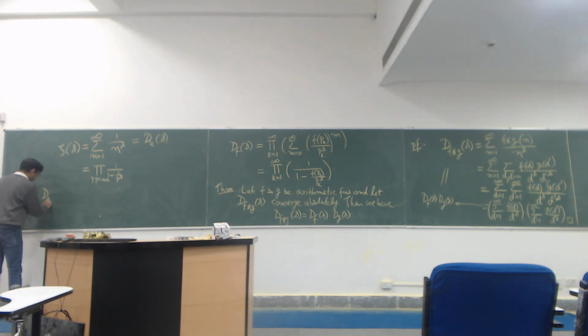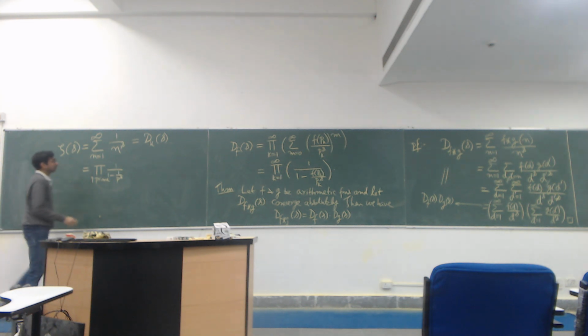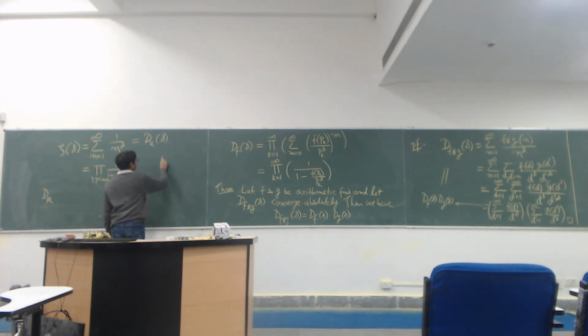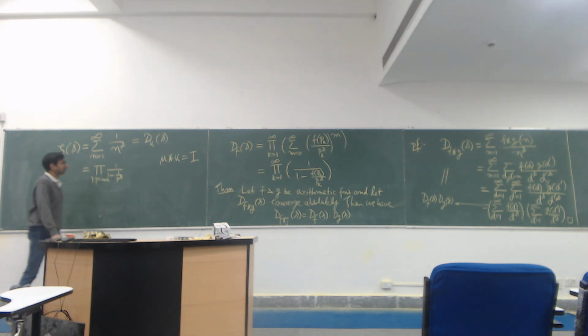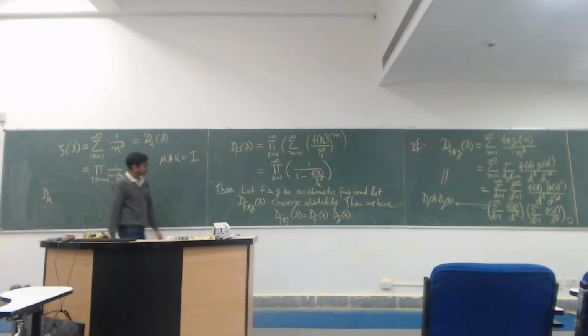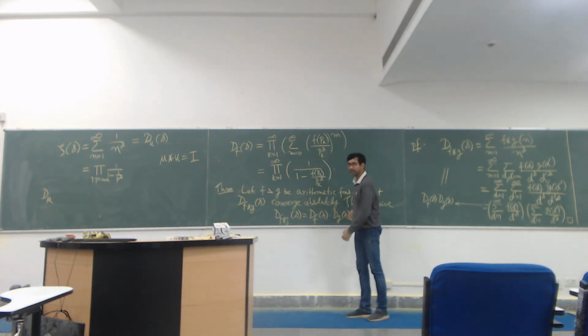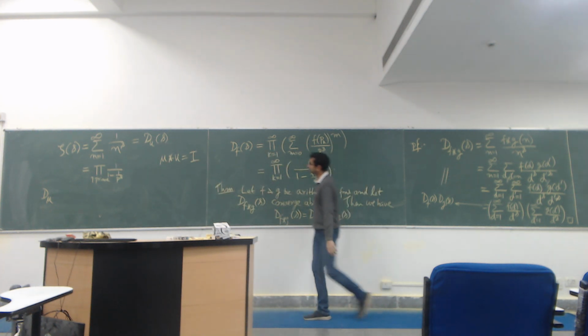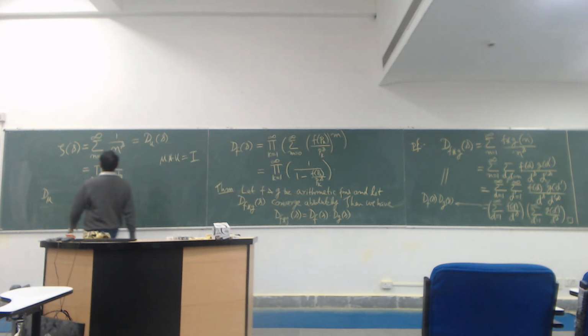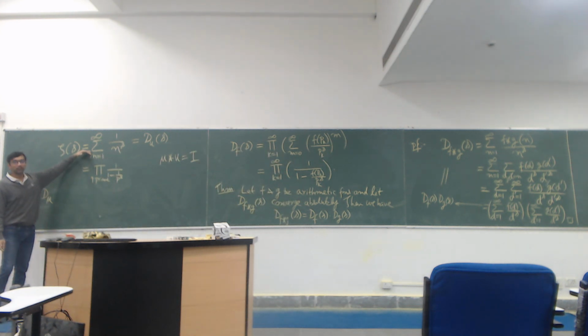So what is D of mu at s? By the way, recall that mu star u is the identity function. And we know that if you have absolute convergence, then these two are the same. So why do you have the absolute convergence?